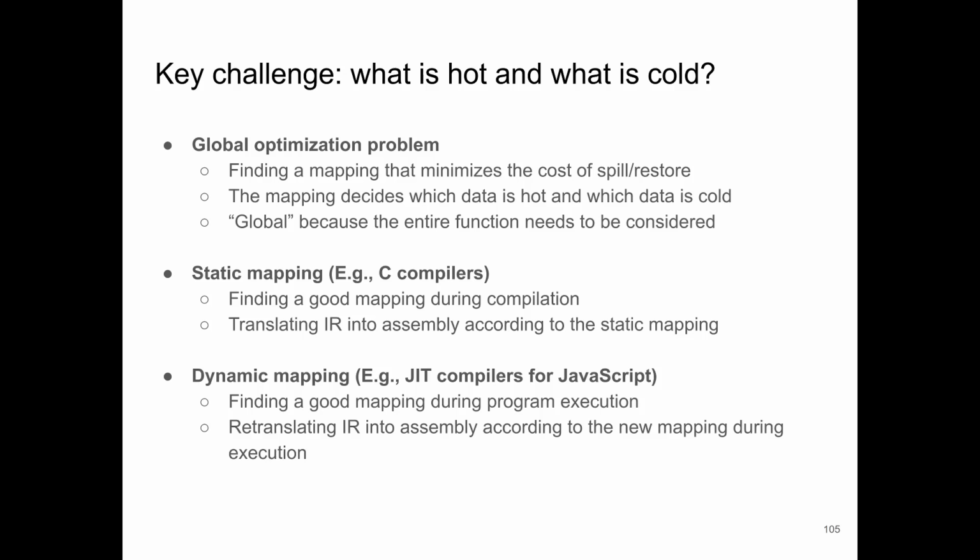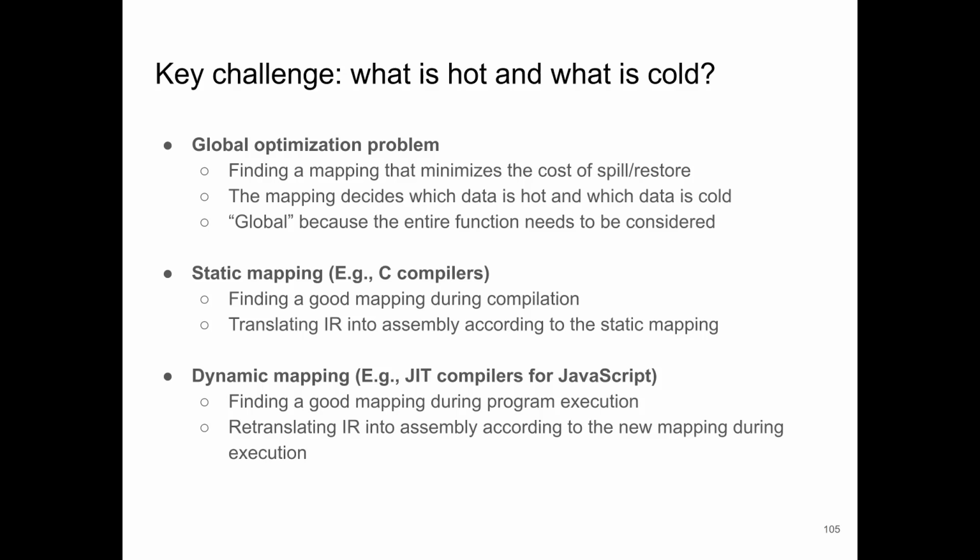With some heuristic, we are going to find a good mapping from IR registers into CPU registers, estimating the cost of spill and restore, and finding a mapping that has a small cost of spill and restore. And then we are going to translate IR into assembly according to the static mapping. This is the strategy we are going to learn for the rest of the slides.